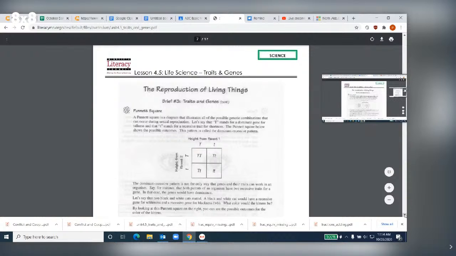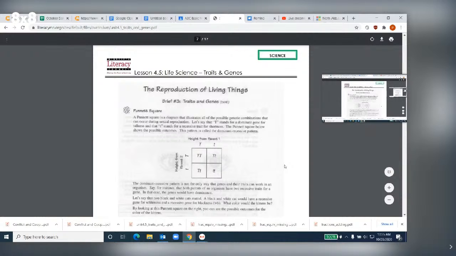This pattern is called the dominant recessive pattern. So you can see one combination is 2 capital T's. And then 2 combinations are capital T, lowercase t, and then 1 combination is lowercase t, lowercase t.